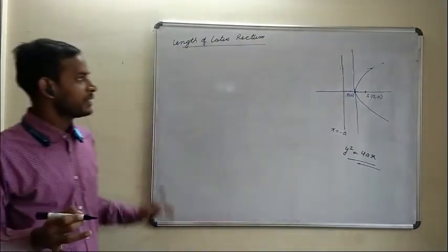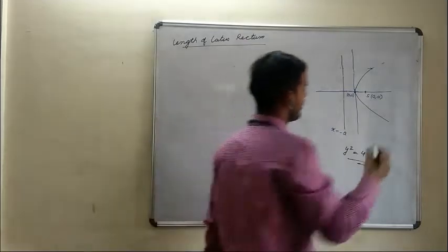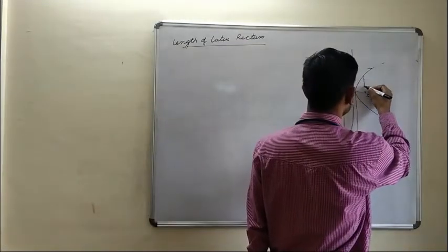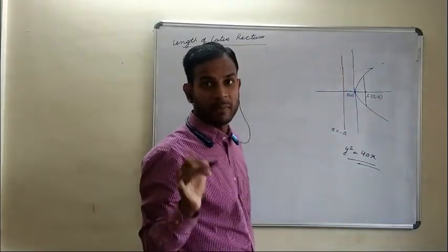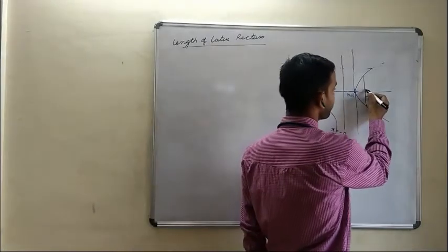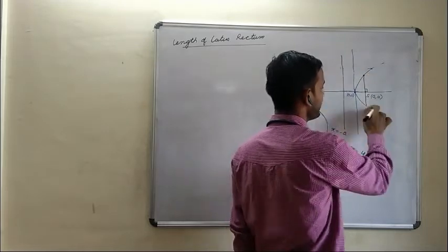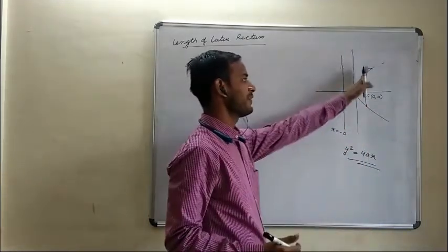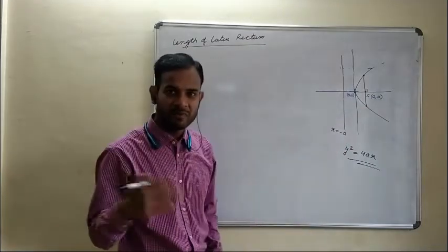So in order to calculate the length of the latus rectum, let us first draw the latus rectum in the diagram. As we have seen, the latus rectum is a chord passing through the focus and perpendicular to the axis of the parabola. In order to calculate this distance, let us find these coordinates. At this particular line, the x coordinate is a. Now how can we find the y coordinate?